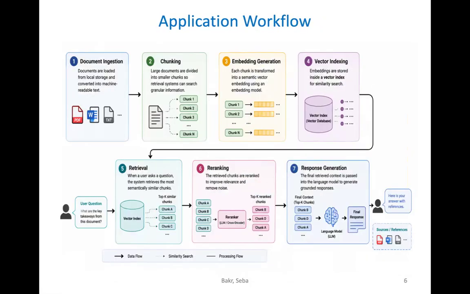The application flow starts with the document ingestion from the sources that are saved ahead of time, and then it's chunked into several chunks, and then these chunks will be embedded, used to generate the embeddings, and the embeddings will be saved in a vector database, which is the ChromaDB. And then the user asks the question.